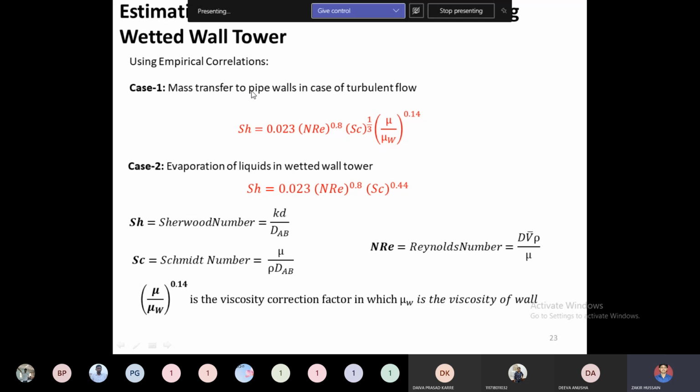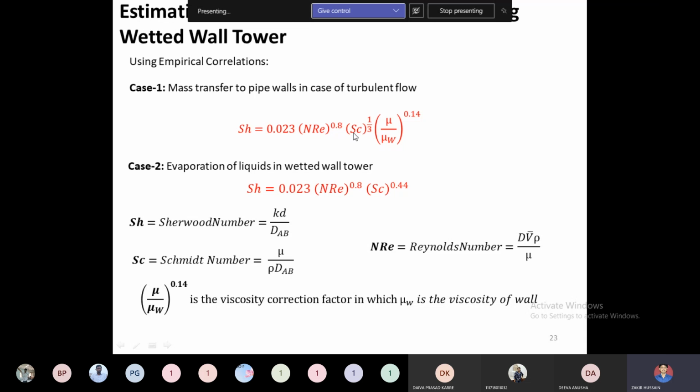This is applicable for mass transfer in pipe walls in case of turbulent flow. A similar equation you can see in heat transfer also, popularly known as the Dittus-Boelter equation, or the Sieder-Tate equation. In heat transfer, instead of the Sherwood number, we write the Nusselt number, NNU. Instead of the Schmidt number SC, we write the Prandtl number.